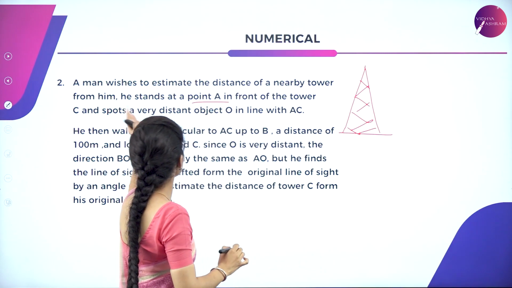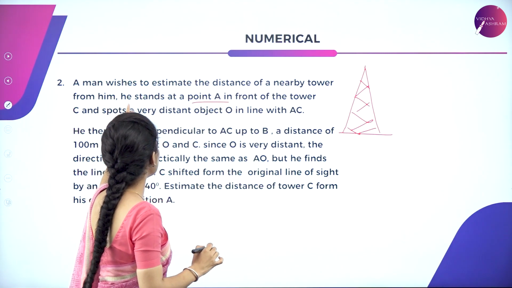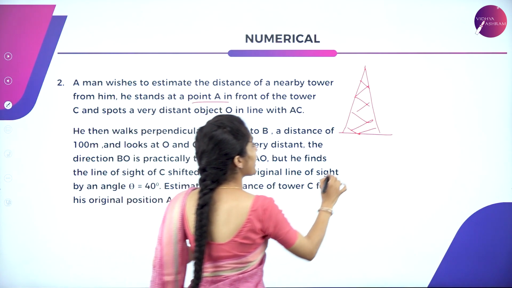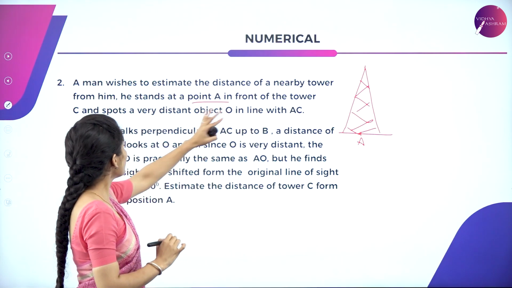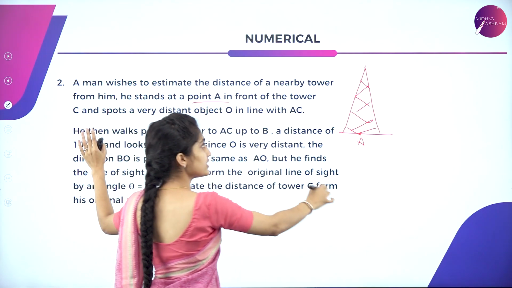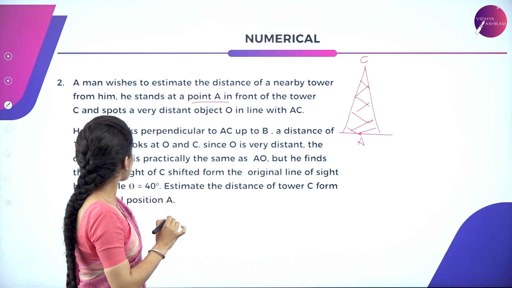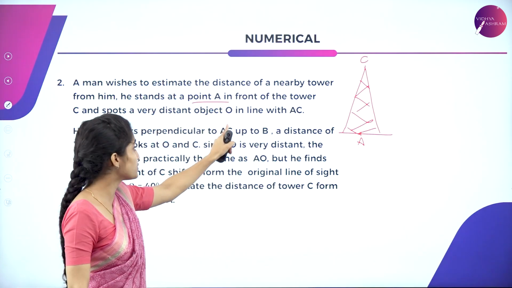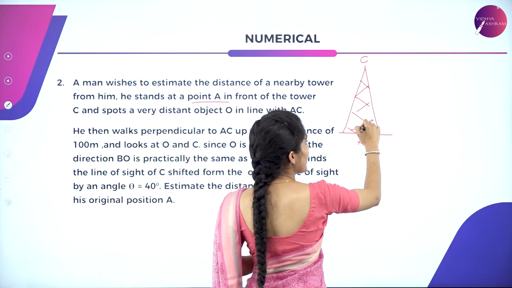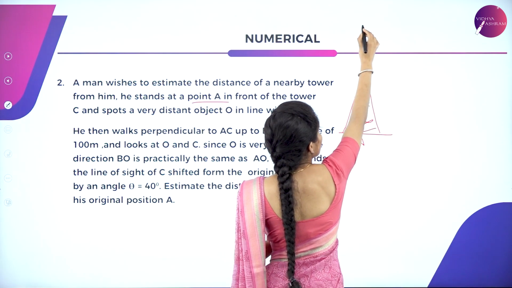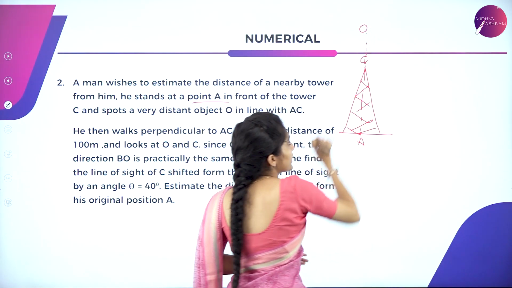So a man wishes to estimate the distance of a nearby tower from him. He stands at a point A, in front of the tower C. So this tower is represented as point C, and he spots a very distant object, that is O, in line with AC. Let me give it in dotted lines.